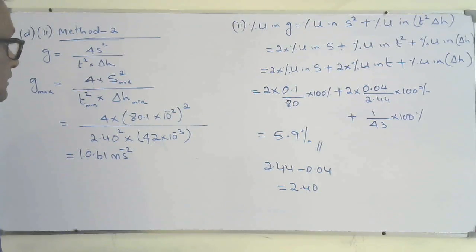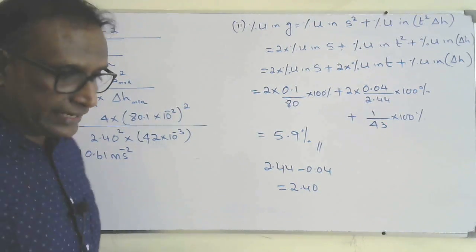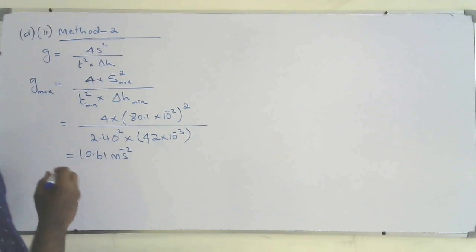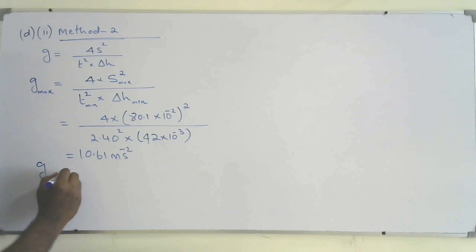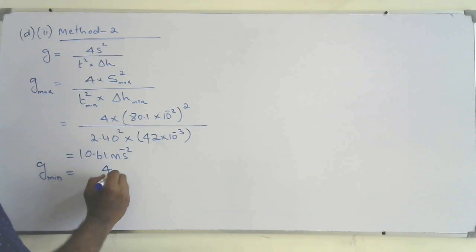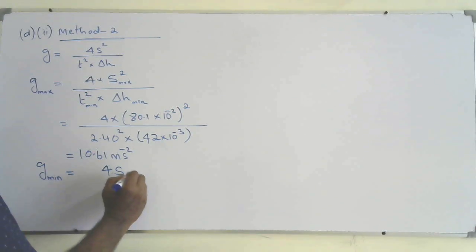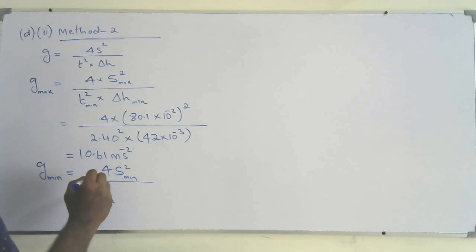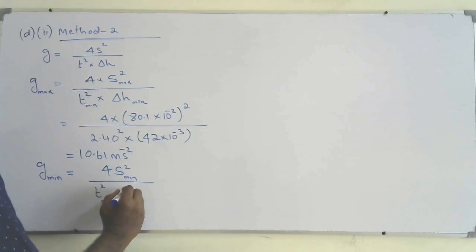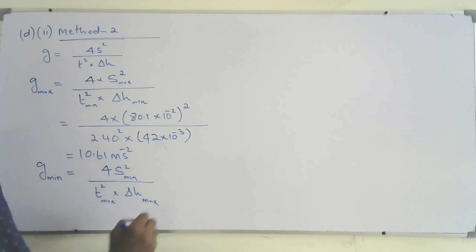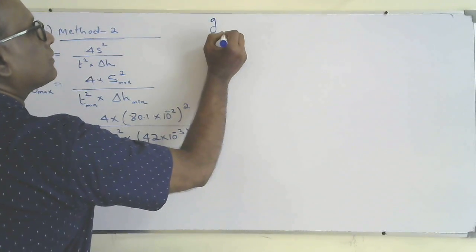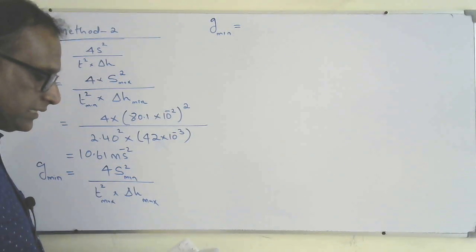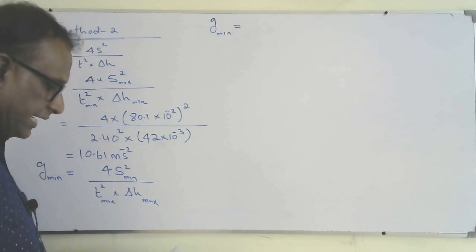Right, so I need to find the G minimum now. G minimum means the numerator should be minimum, 4 S minimum squared, over T maximum in a fraction. The denominator should be maximum, into delta H maximum. So G minimum will be 4 S minimum, you will get 80 minus 0.1, so that will be 79.9.